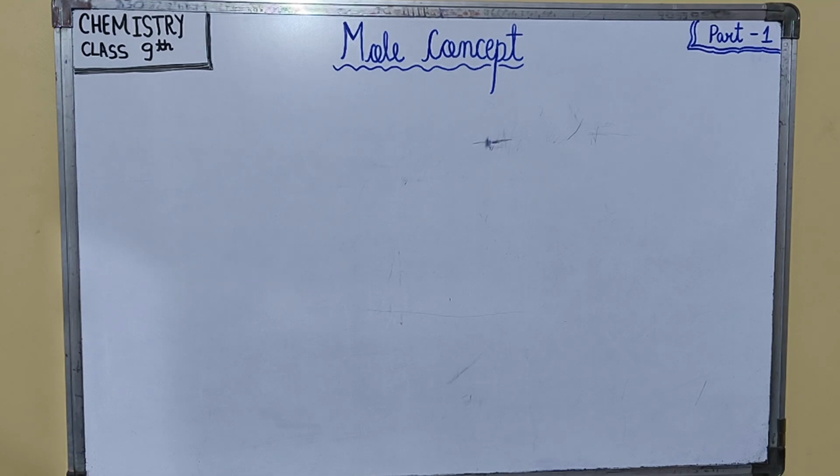There are some questions in front of you from my side. How to find the number of atoms present in the given amount of substance? How to find the number of molecules present in the given amount of substance? How to find the number of ions present in the given amount of substance? How to find the volume occupied by a given amount of gas at STP?